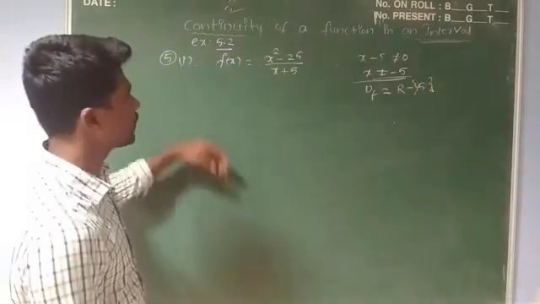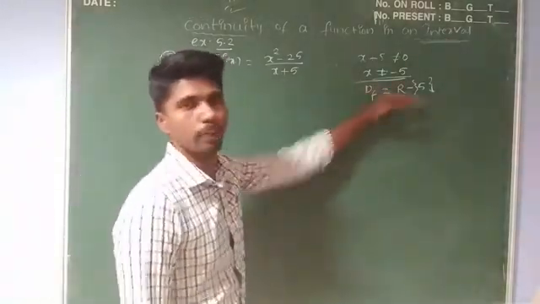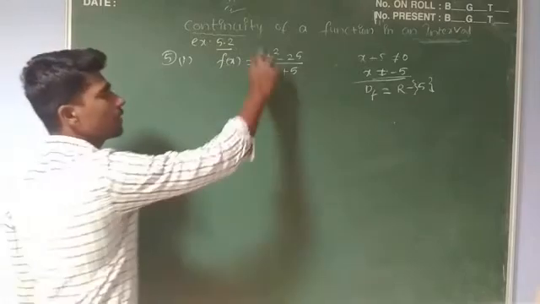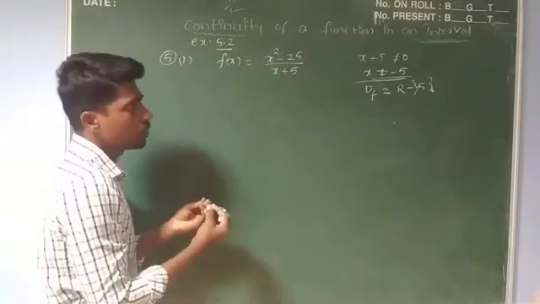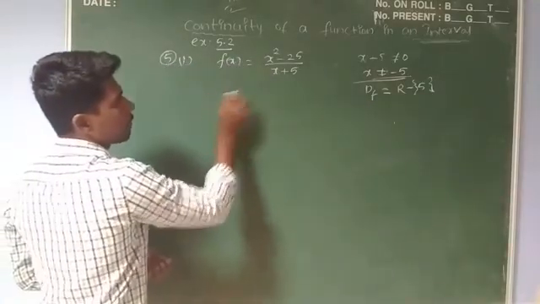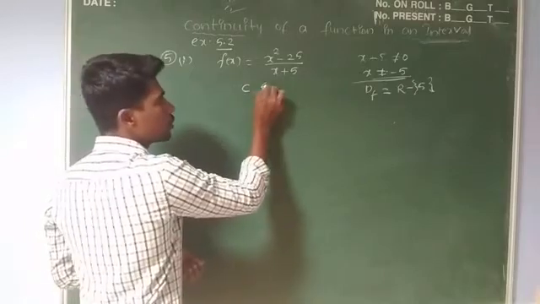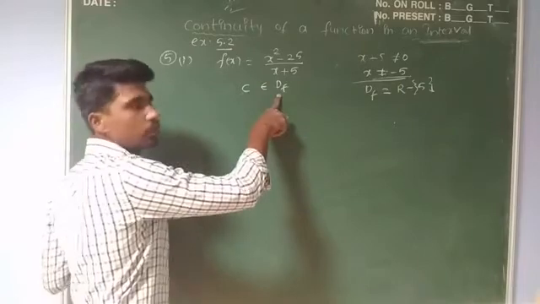Now we see whether the given function is continuous or not in its particular domain. So now if I want to say the given function is continuous, I have to take a particular number which lies in its domain. So I consider a number c which belongs to its domain.